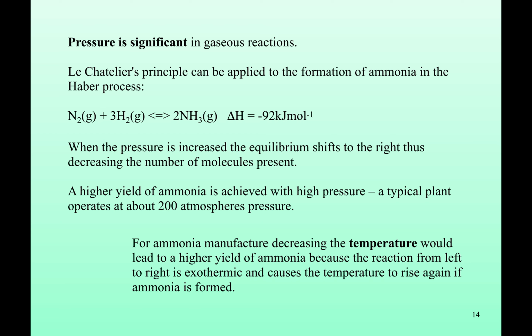We then have to think about temperature, don't we? If you think back to IGCSE and optimum conditions, then we know the forward reaction here is exothermic. But if we increase the temperature, it will shift to the left in the endothermic direction.